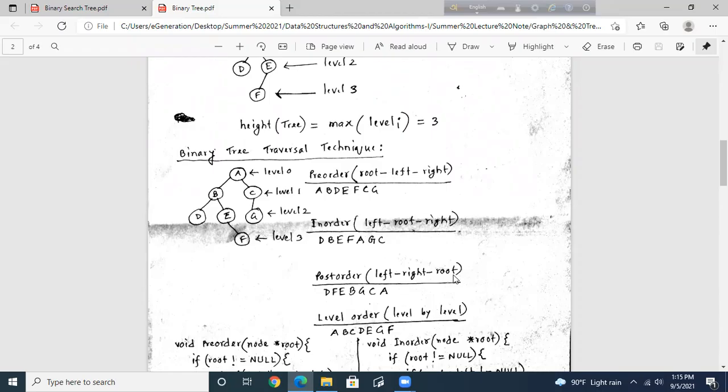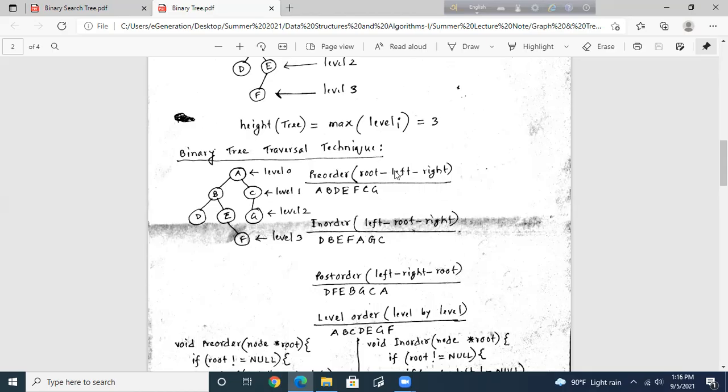Remember it this way: left always comes before right.